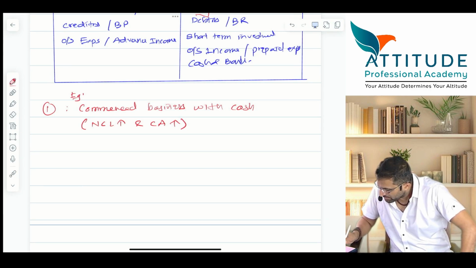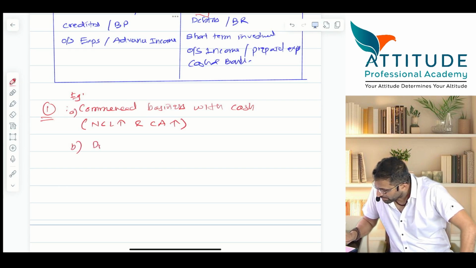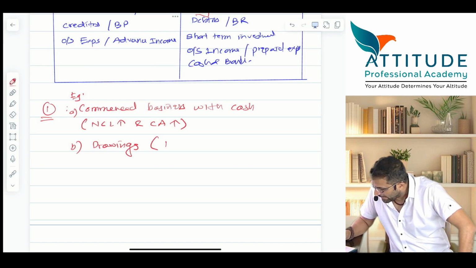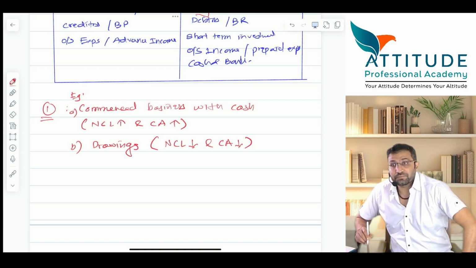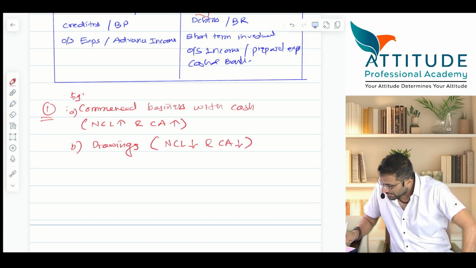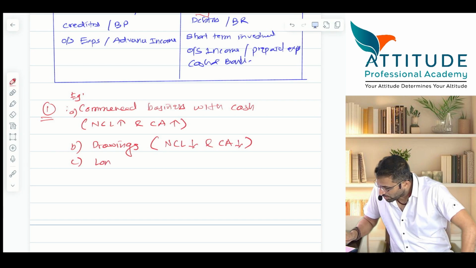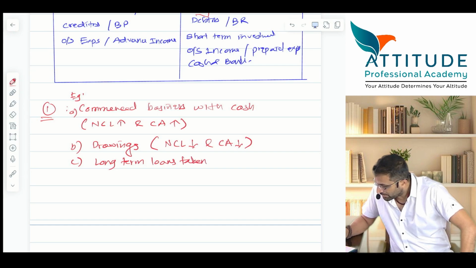ये example for A हो गया. B example बोलो. ड्राइंग्स. ड्राइंग्स में क्या होता है बताओ? In drawings what happens? NCL reduces and current asset also reduces. बराबर है. देन लॉन्ग टर्म लोन्स टेकन, क्या होता है?